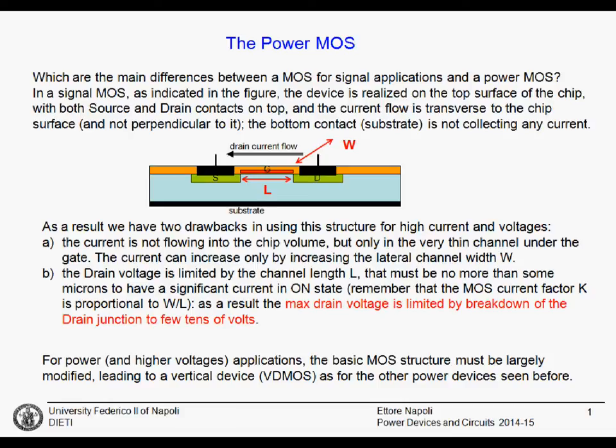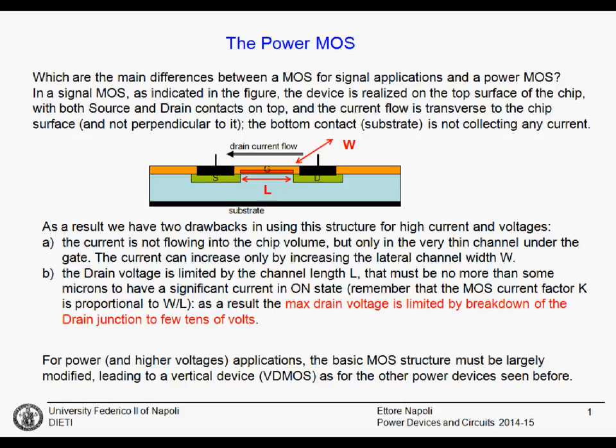We are now dealing with the Power MOSFET. Everybody knows and has studied the low power MOS device, very largely used in digital electronics, but also in analog circuits. You know the characteristics, the structure, you studied the layout.